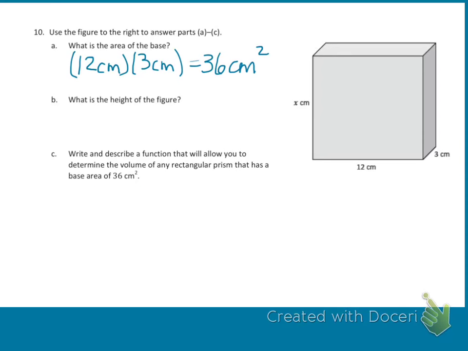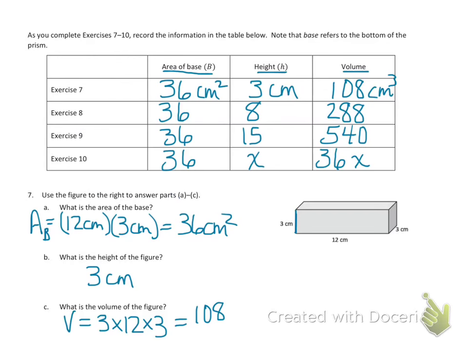All right, let's look back at our table right here. So the area of the base on all of those prisms was 36. What differed was the height. We had 3, 8, 15, and finally a height of x. So any height, any unknown height could be substituted in there.